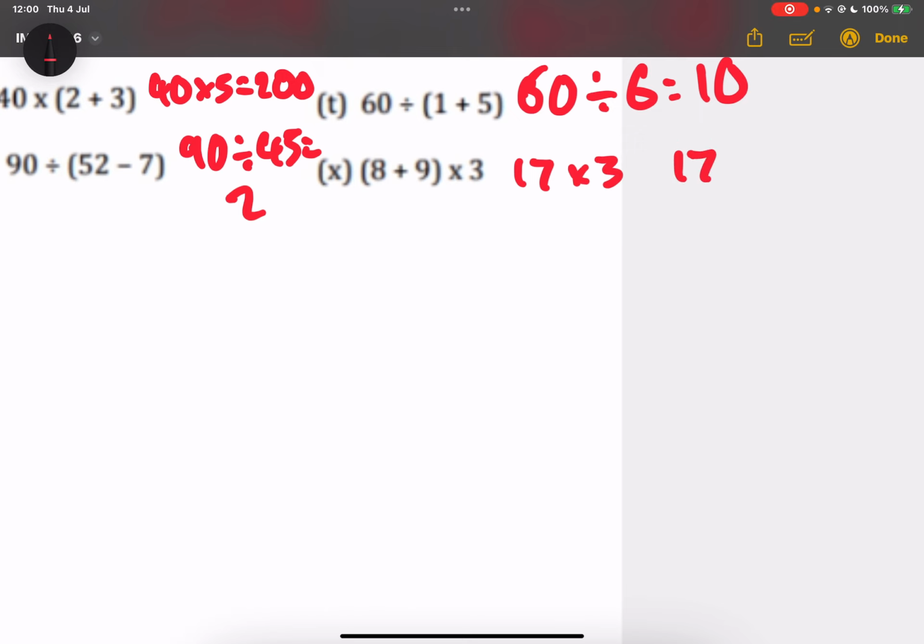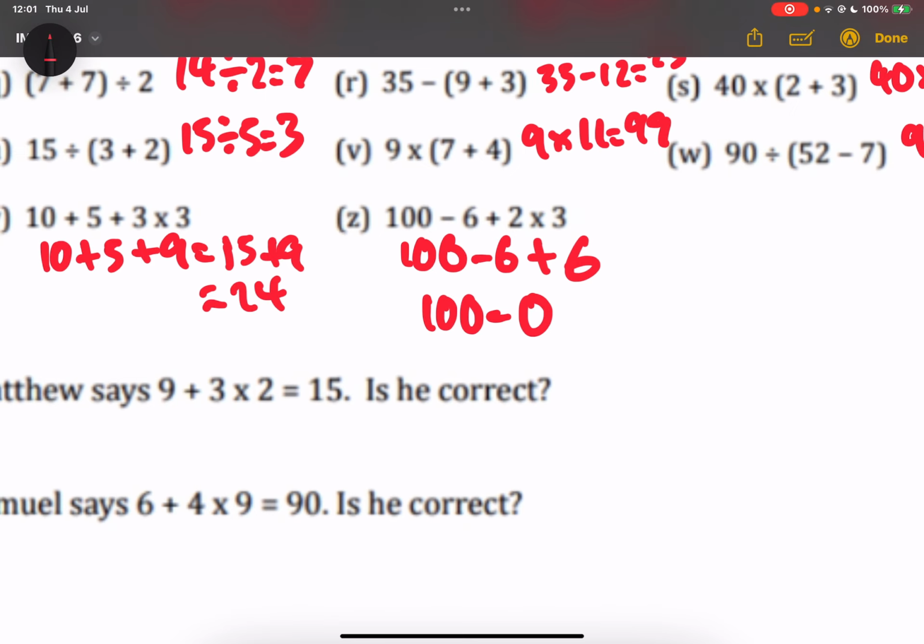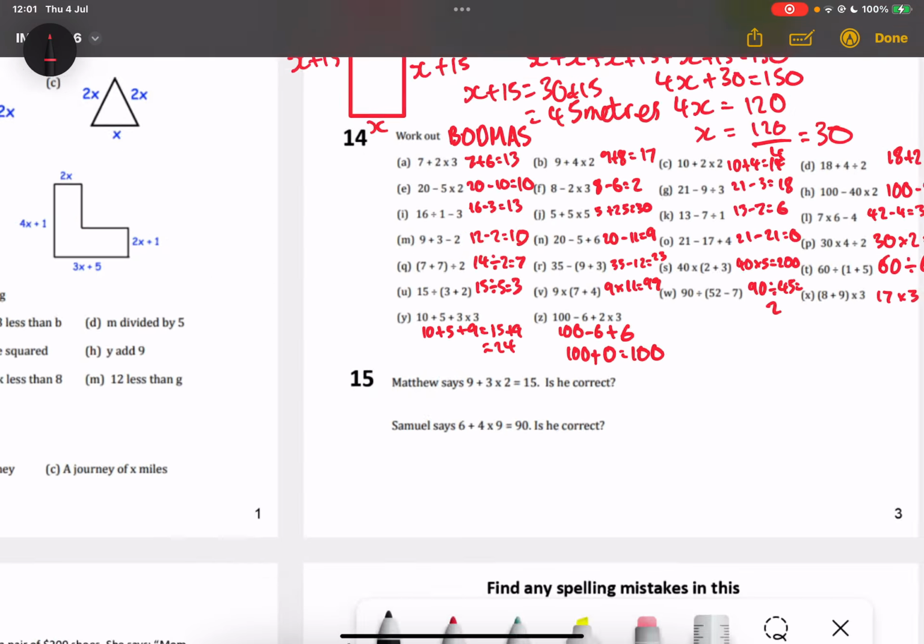So Y is 24. Z is 100 minus 6 plus 2 times 3. Because of BODMAS, we're going to multiply first. So 100 minus 6 plus 6. Now, because of BODMAS, we're going to add first. So minus 6 plus 6 is 0. So it's 100 minus 0, or 100 plus 0. So that is 100. So Z is 100.